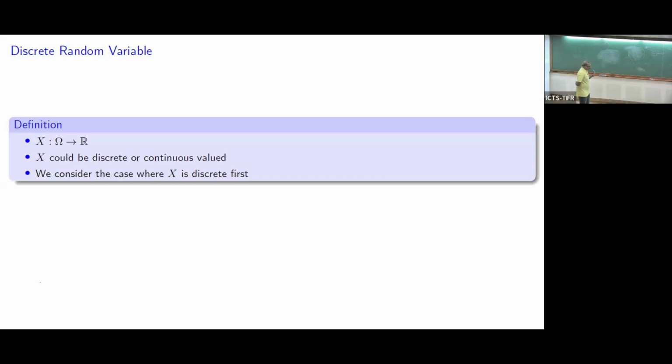So it makes sense to think about how to use numbers to model outcomes of an experiment. Okay? Suppose you want to think about the outcomes using some numerical values which you can then manipulate using your usual rules of arithmetic.